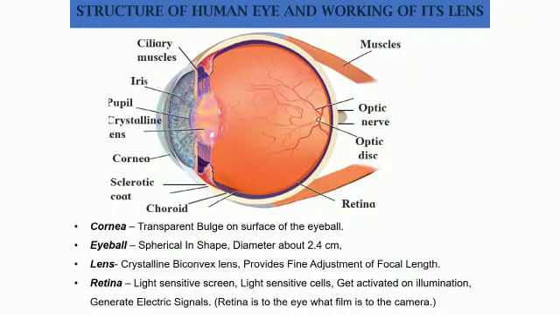Let us now start with the various parts of the human eye, and we will even study the functions simultaneously. So the very first part that we are studying is the cornea. Now cornea is the outermost covering which is transparent and very thin also, that is present over the eyeball.